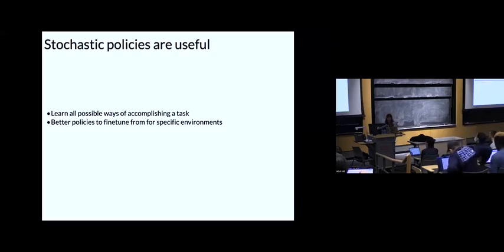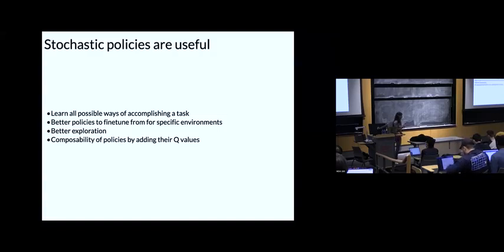They can explore better, and they are composable, which means if you have multiple functions with different objectives, potentially you can sum them up and have a policy that pursues the intersection of those objectives. This is the ideal case where you are really able to solve the task in all possible ways.